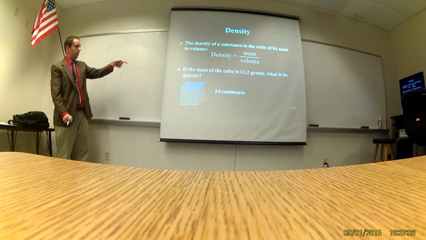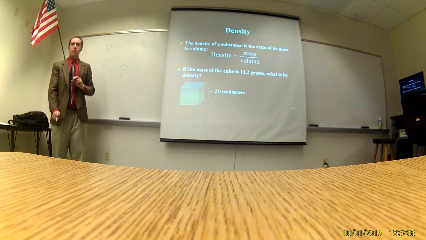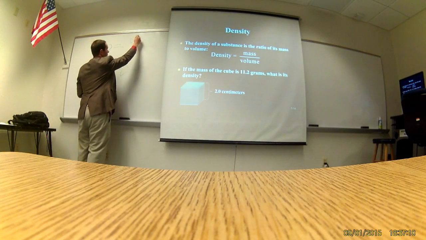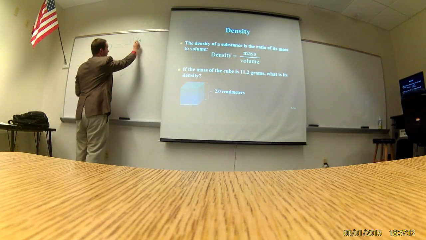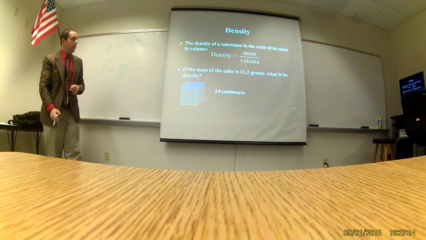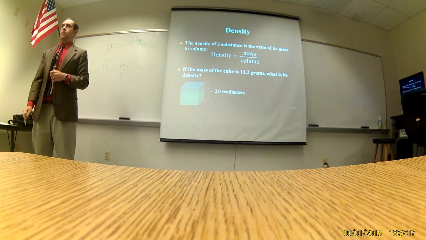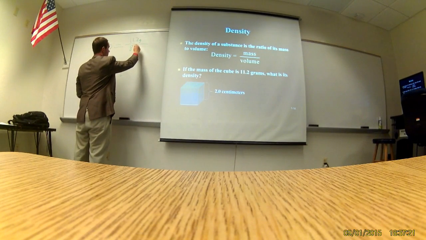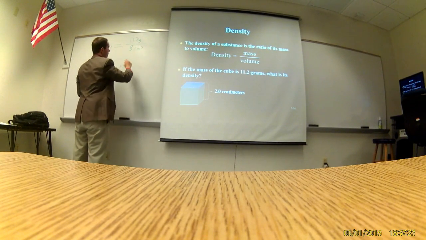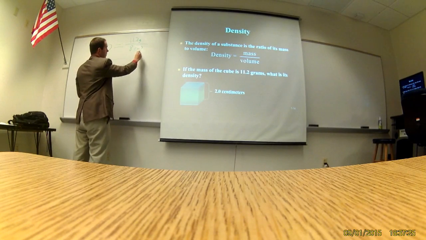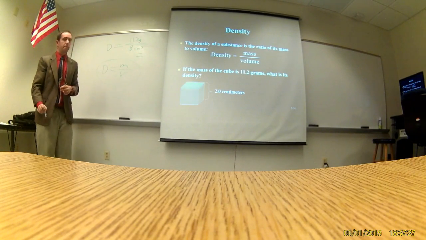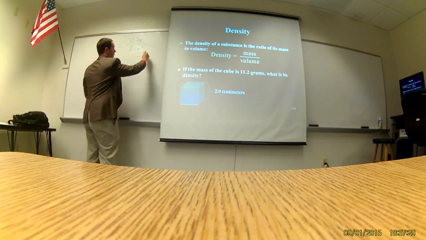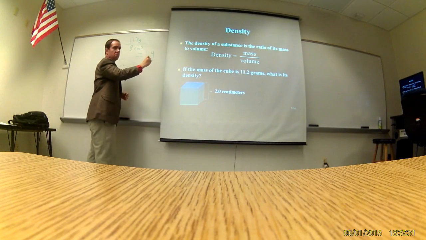What is the mass of that cube? 11.2 grams is given to us. What was the volume of that cube? 8 cubic centimeters. So you do the math, and that equals what? 1.4. 1.4 g over cm cubed.